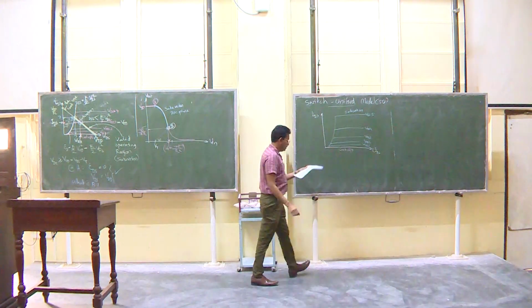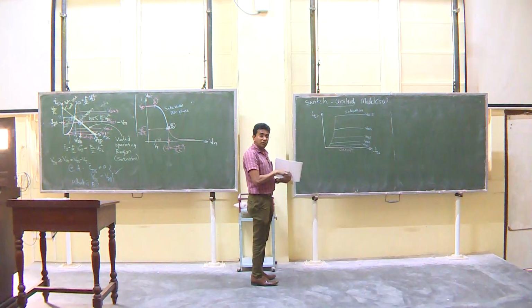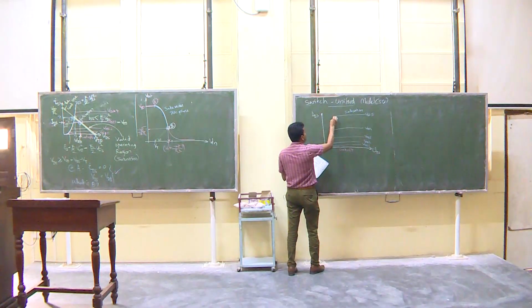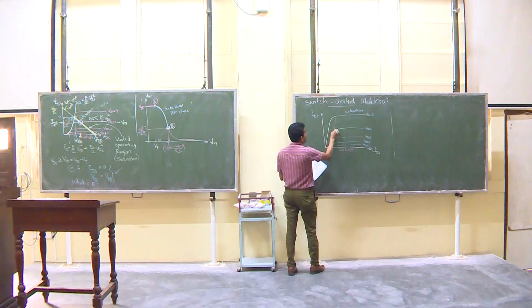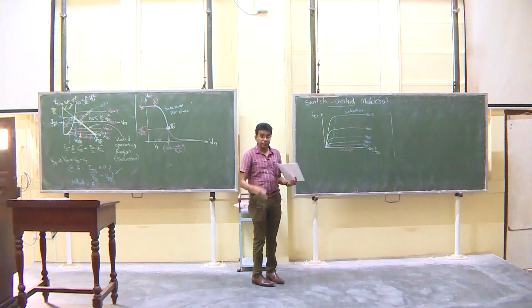That's the saturation region, and the triode region looks like this. That's your triode region. That's what was missing in the previous models.